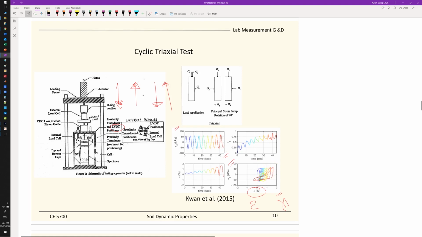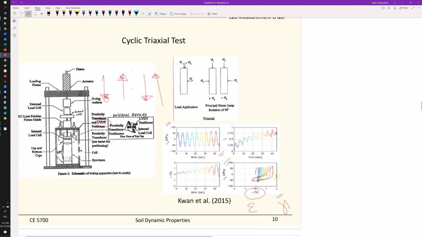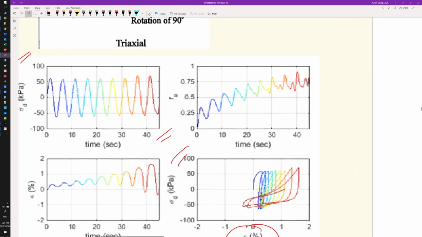You see how the area of the hysteresis loops is increasing, so you see how the damping ratio is increasing. Also you can see the slope connecting the origin and those points right there.